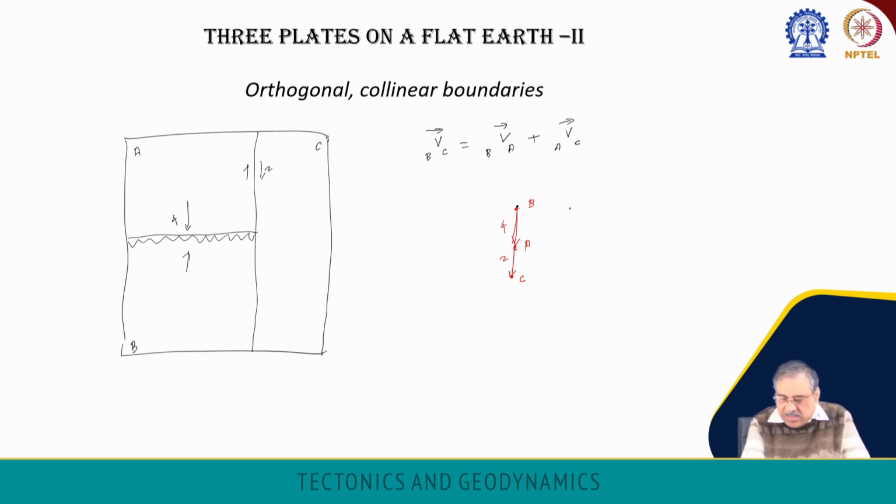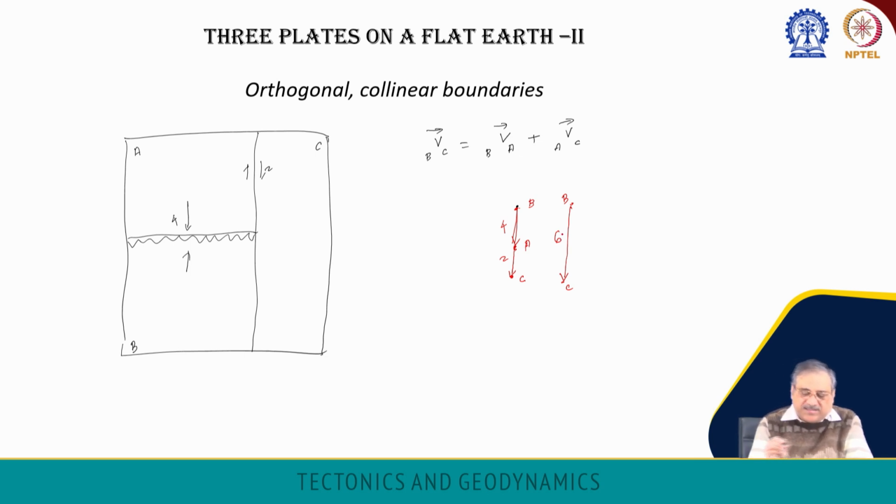So in other words, if I now have to represent the relative velocity between plates B and C, it seems then that the relative velocity of C with respect to B would be a line which is 6 centimeters long. And to an observer on plate B, plate C will appear to be moving southwards at the rate of 6 centimeters per year.